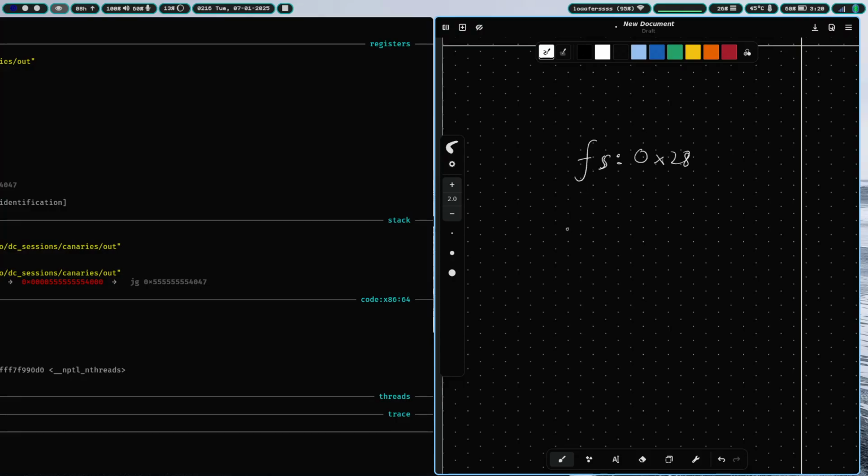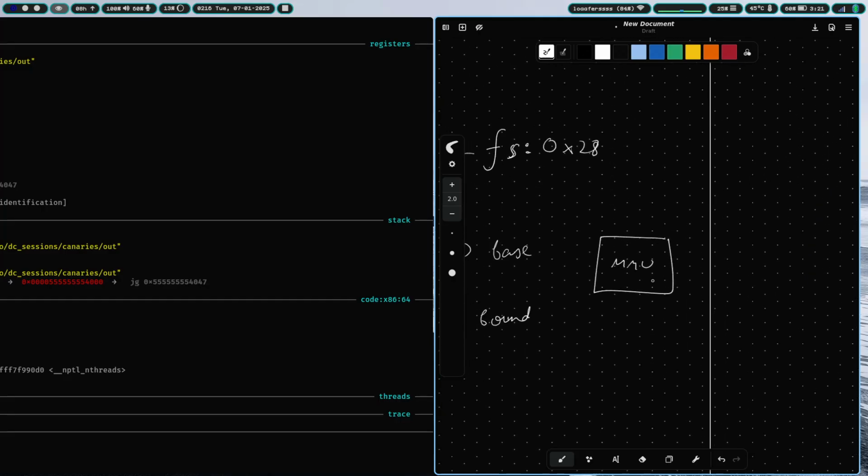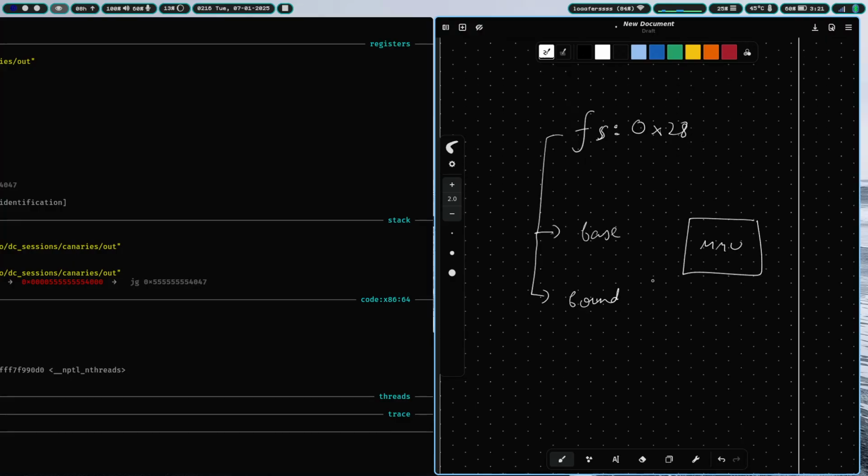it's a segment register. Now every segment register had two things actually, a base and a bound. This was dealt with in our early architectures, in the MMU, the memory management unit. It stored all of these things, and these were exposed as registers in the ABI.